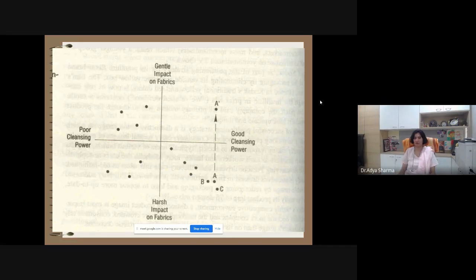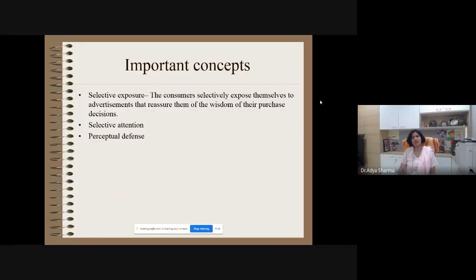Practically, think about it. The important concepts that come out of perception about all that we have done yesterday and today are three important concepts. Number one, selective exposure. What do you mean by selective exposure? So when I'm traveling from my institute to my house, or when you are traveling, there are a number of posts that will come. There are a number of billboards that will come on my way.